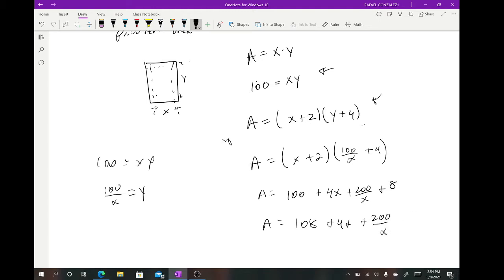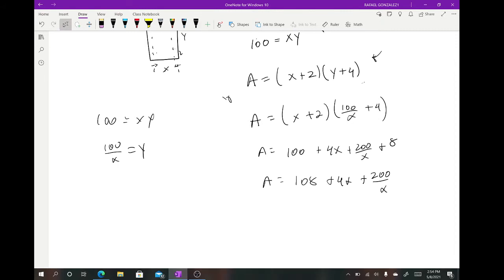And now we can take the derivative here. So if I take the derivative here, what do I get? Well, this 108 goes away.